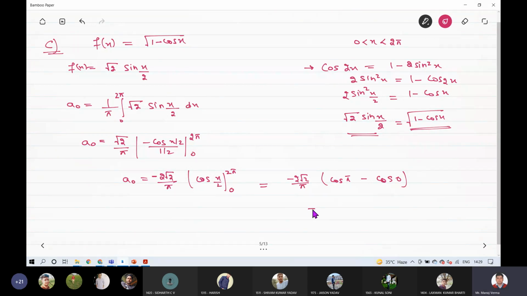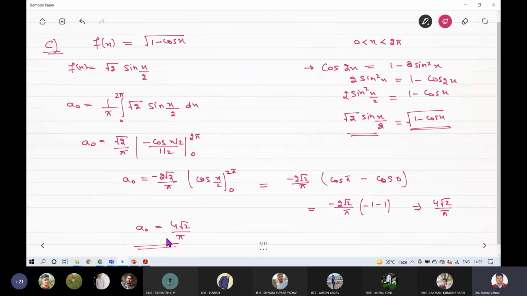So it will be minus 2 root 2 over pi, minus 1 minus 1. So it will become 4 root 2 over pi. So the value of a naught is 4 root 2 over pi.